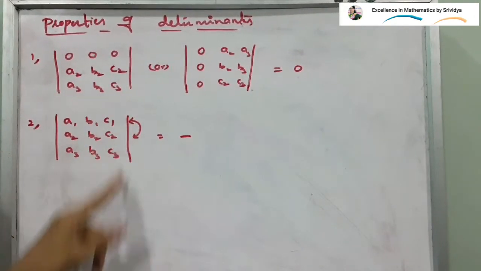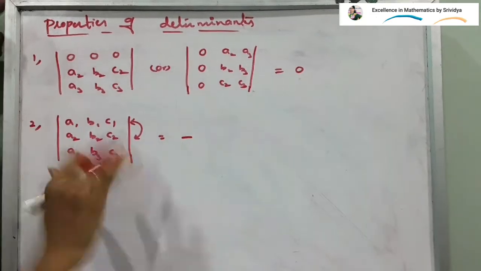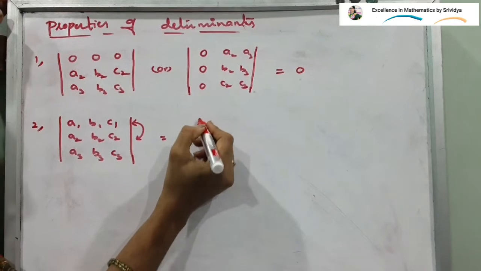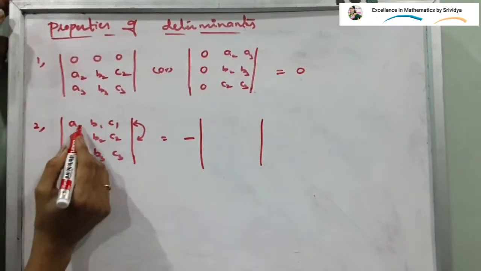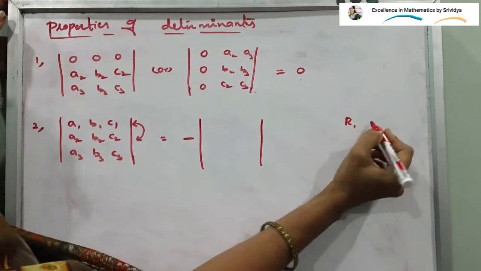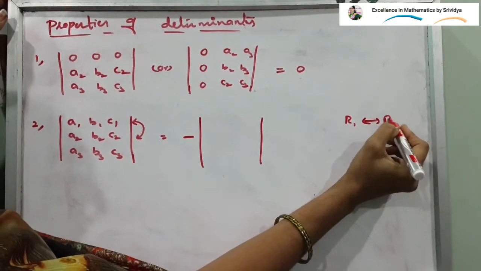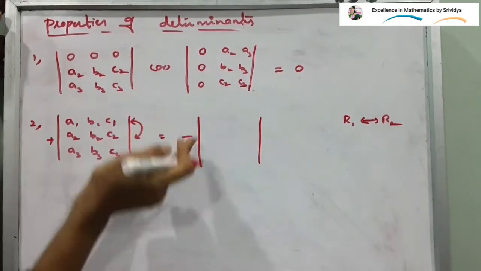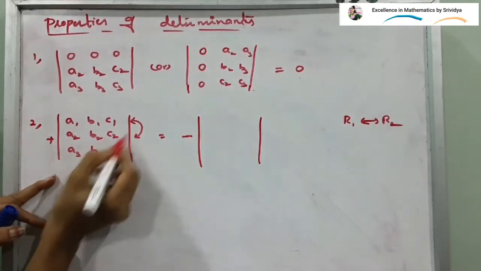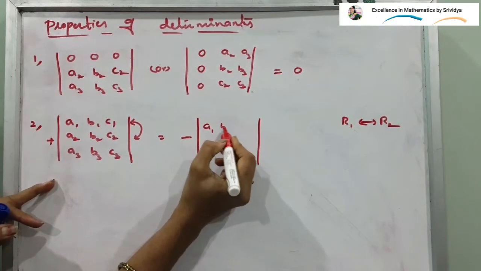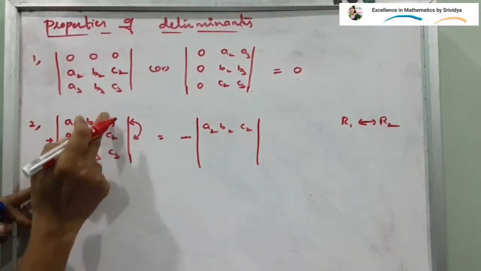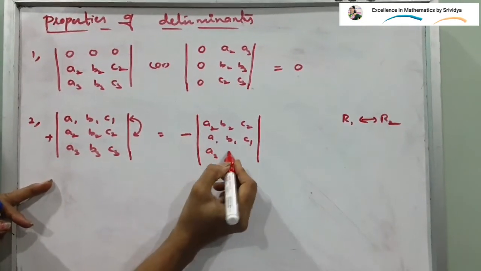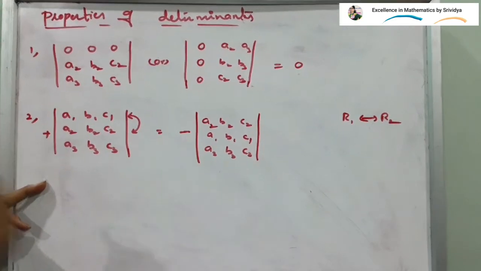If two rows of a square matrix are interchanged, then the sign of the determinant changes. R1 interchanging R2 is the notation for this. Suppose if it is plus, it becomes minus. Now the second row is in the first row: A2, B2, C2, then A1, B1, C1, A3, B3, C3.